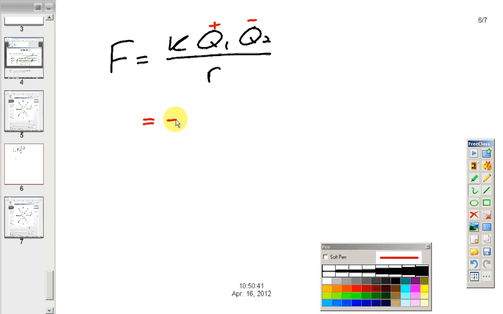Sorry, I just see I've made a big mistake here. This is not F, my bad. It's U, P. We're talking about energy. But now the answer is going to be negative because that's positive and that's negative.